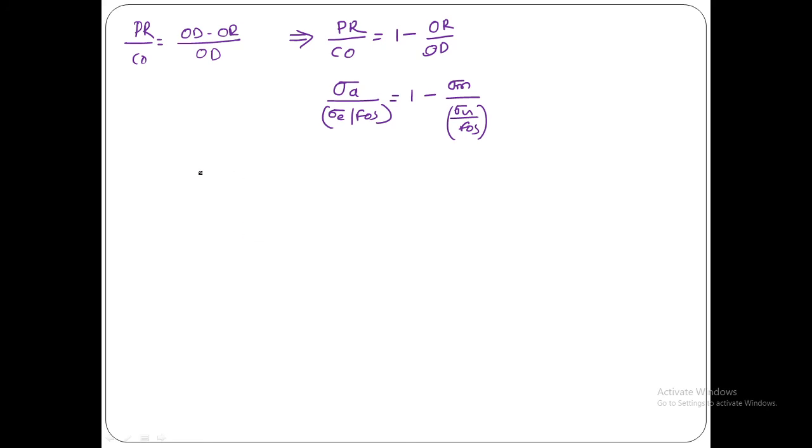Now if we write the equations associated with the amplitude stress or variable stress, can we simplify this one?